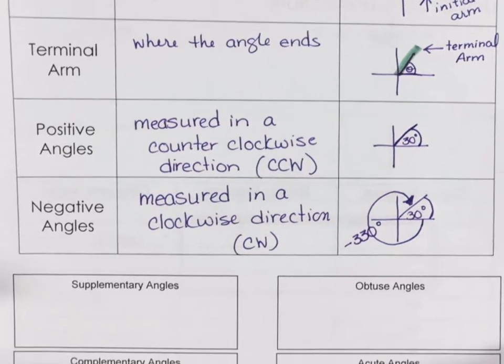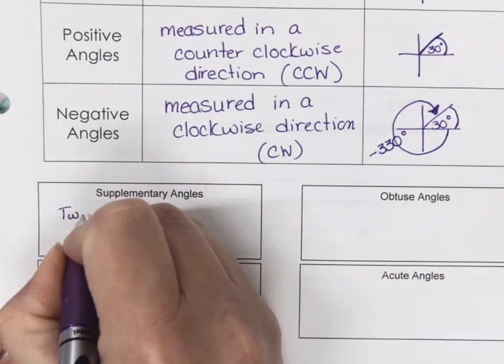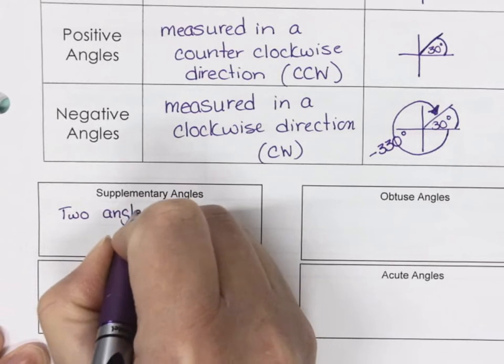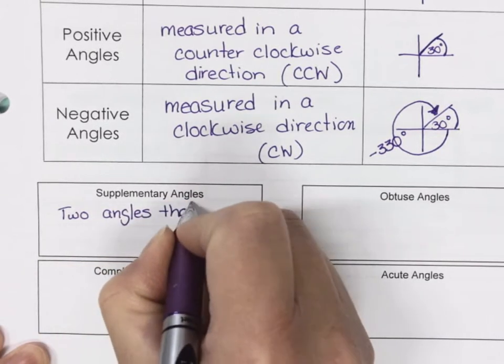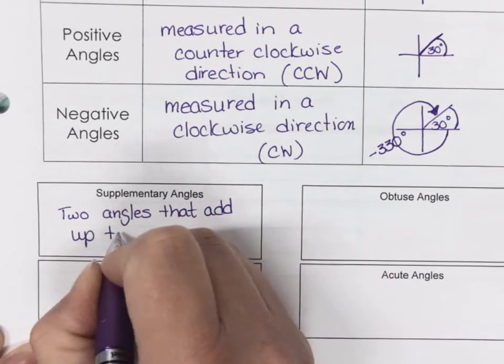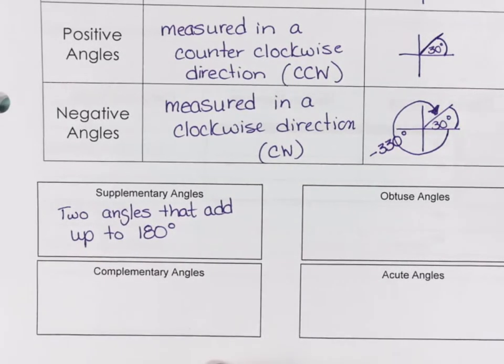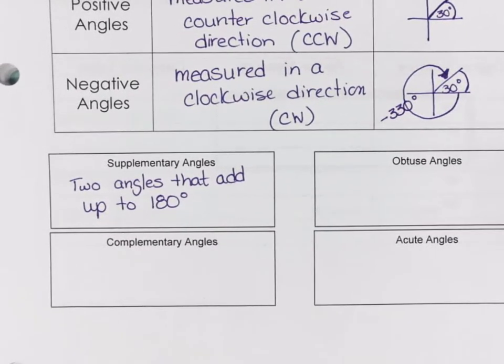Okay, here we go. Supplementary angles: two angles that add up to 180 degrees. Okay, what do you think complementary angles are? Adds up to 90.